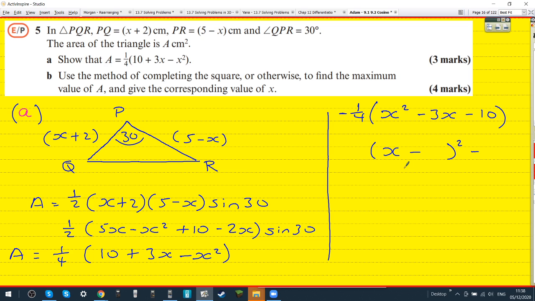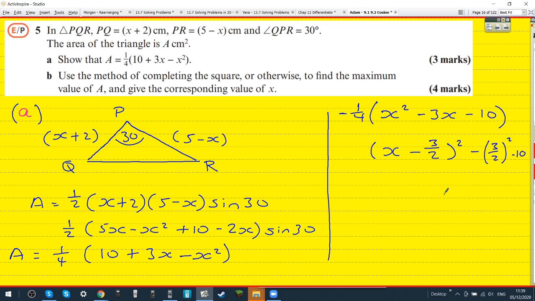X minus 3. It would be 3 over 2. Okay. Half of 3, squared. And what goes outside? Half of 3. 3 over 2. So it'd be minus 3 over 2 squared. And then would you work that out? And you've also got minus 10.